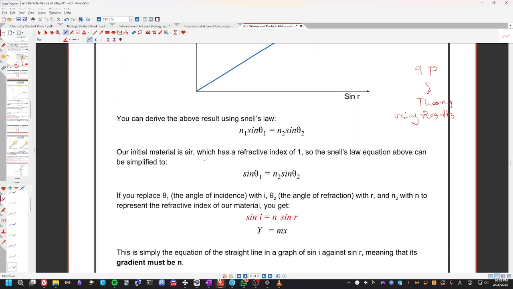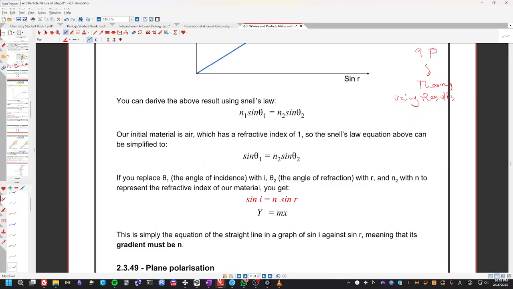Now this is the theory, so you're going to derive the above. You can derive the graph by using Snell's law. Your initial material is air, which has an index of 1. See, this is what we were talking about 30-40 minutes ago. If n1 is 1, then Snell's law can be simplified, because n1 is equal to 1.